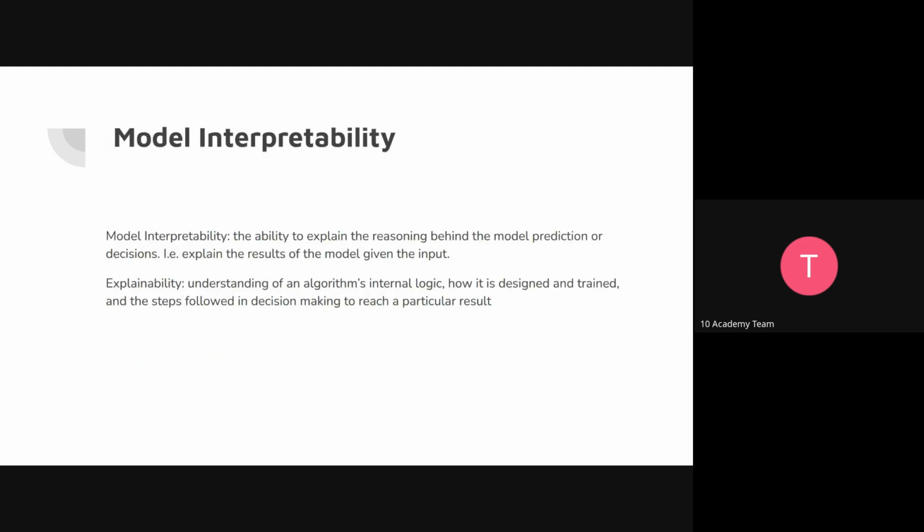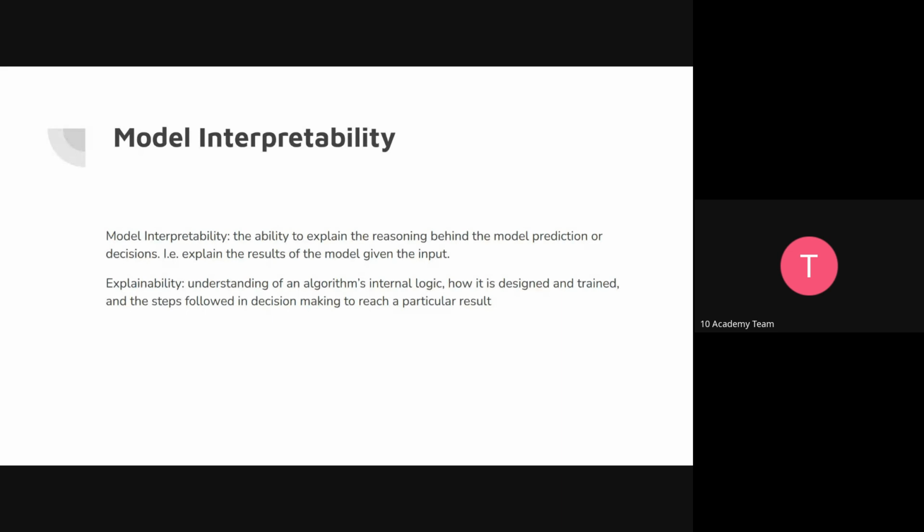And so modern interpretability, this is something we kind of discussed before. In one of my tutorials before, we talked about interpretations of machine learning model predictions. Interpretability, in a few words, means explaining the reasoning behind the result of the model.